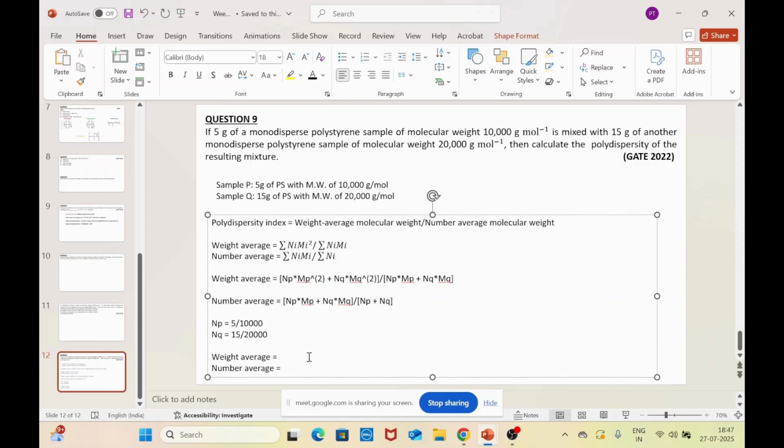If you are using a calculator, then it's fine. As far as my experience is concerned with this NPTEL exam, I think the virtual calculator will be allowed. You can use a virtual calculator.